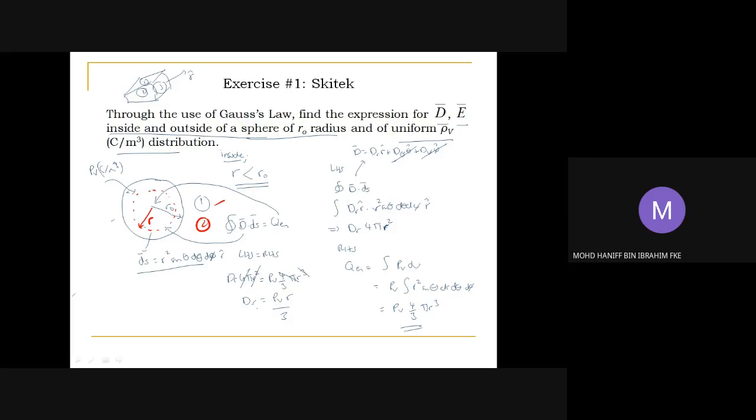From our discussion before, we have agreed that D will only be in the r direction. So we can write that the vector D will be Dr in the direction of r, which is ρv r divided by 3 in the direction of r. That should be your flux density D, calculated on the surface of radius r, in which r is a variable.